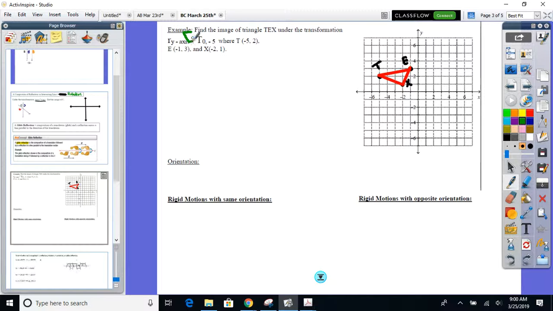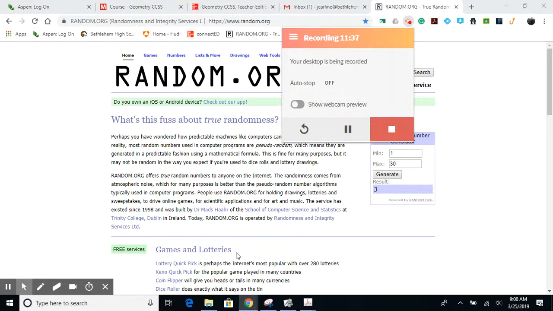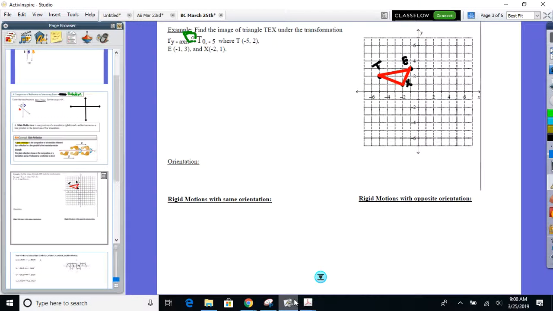We see the composition symbol right here. So I'm thinking right to left, right to left. So with T, E, and X, what's the first transformation you're going to perform on them? If I'm reading this right to left, first one, what am I going to do with those coordinates first? Translate it 0 on the X and -5 on the Y.